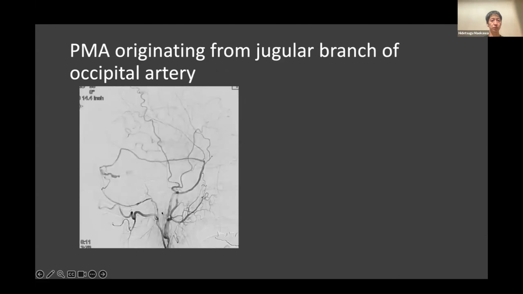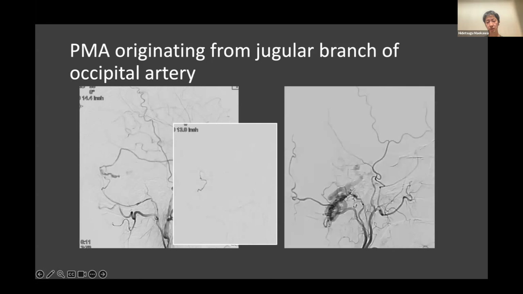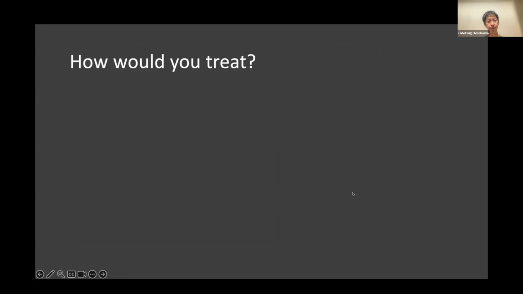So this is another case, posterior meningeal artery originating from the jugular branch of the occipital artery. So if your microcatheter is here, then you can inject Onyx or glue or whatever safely if you don't have a reflux up to here. But in this case, I was not sure if I can inject Onyx from this point here.